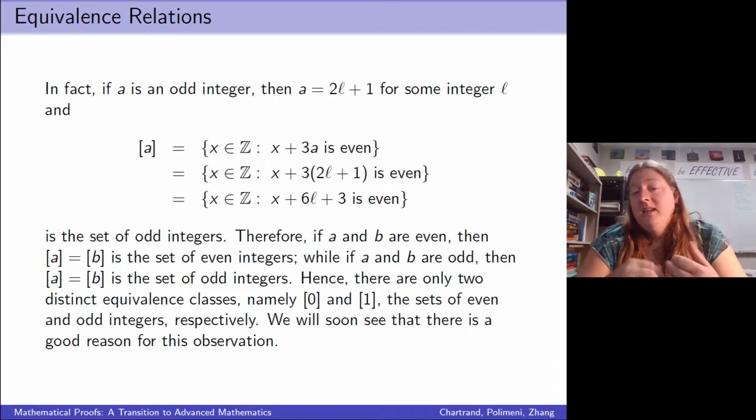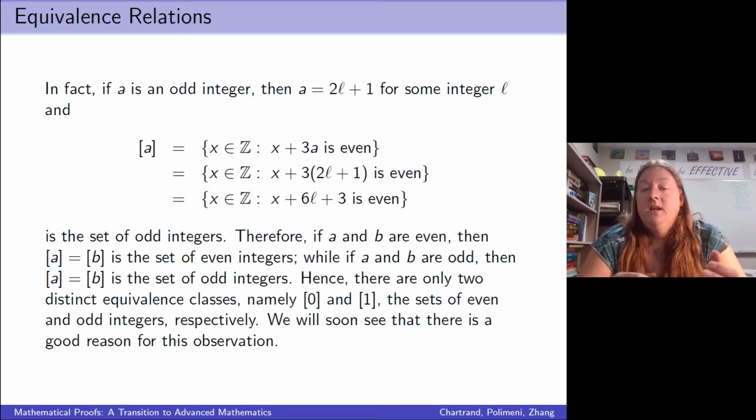In fact, I can do that for a generic odd integer too. So say a is 2l plus 1. Now, substituting in 2l plus 1 for a, I can see that the 6l part is going to be even. And so I have something plus an even plus an odd. So something plus an odd needs to be odd.